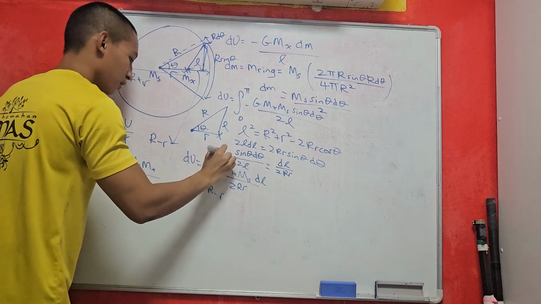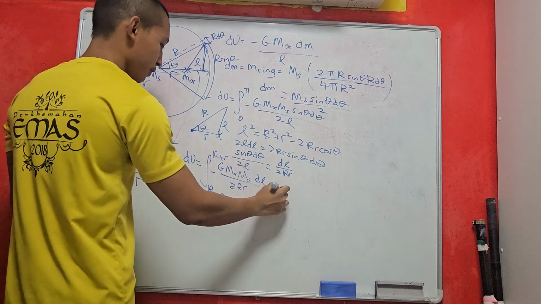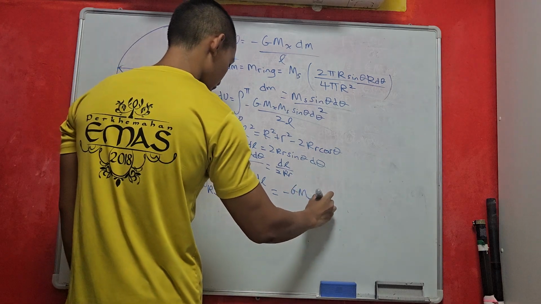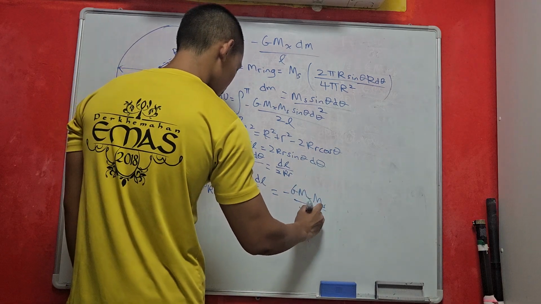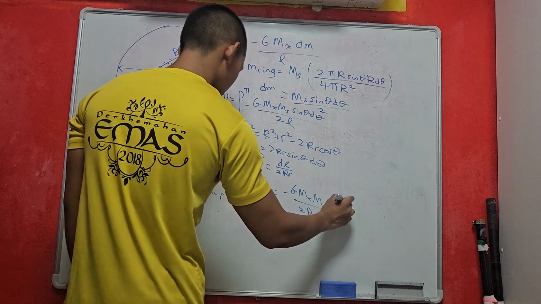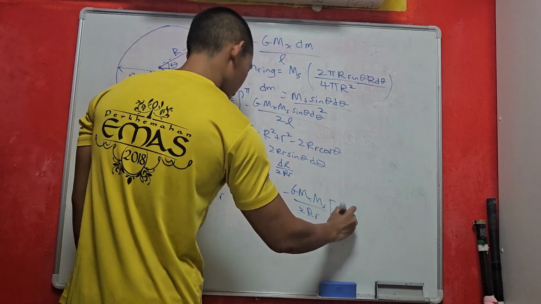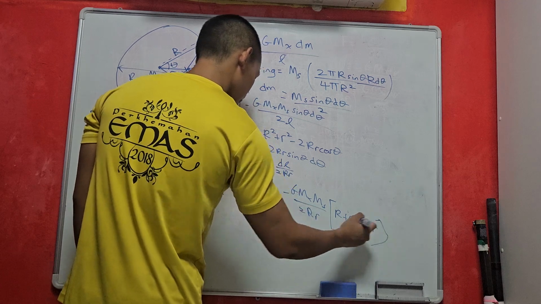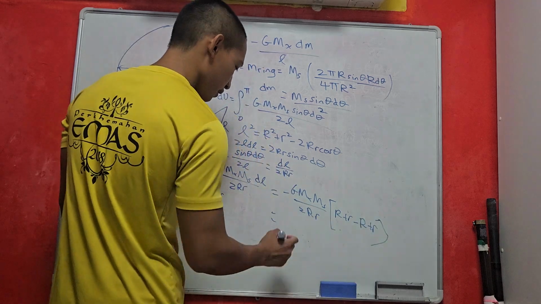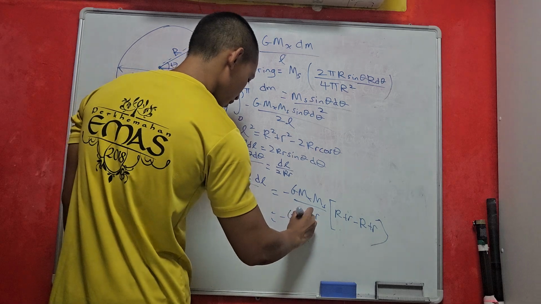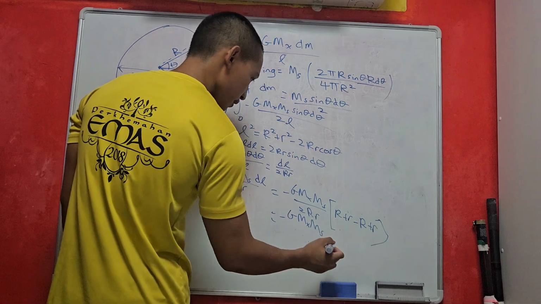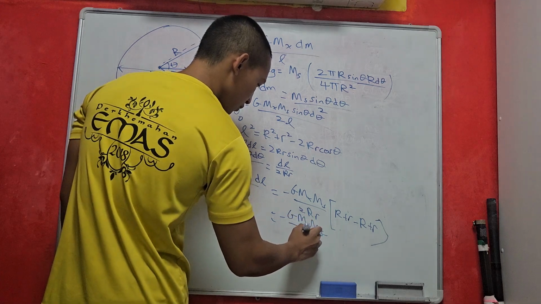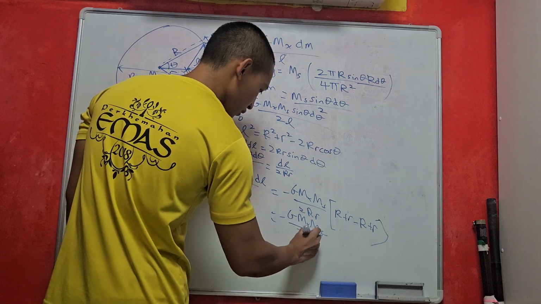This is equal to negative G Mx Ms over 2Rr, times R plus r minus R plus r, and I'll get this to be negative G Mx Ms over 2 over R.